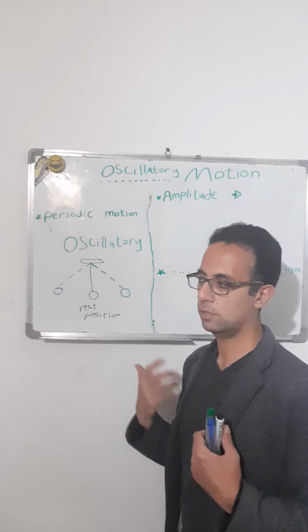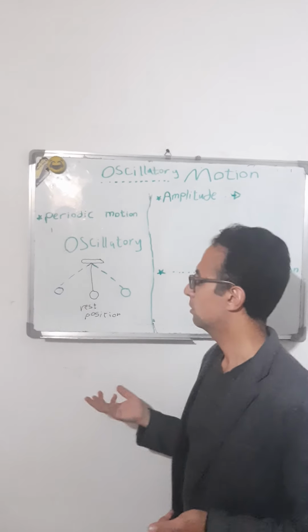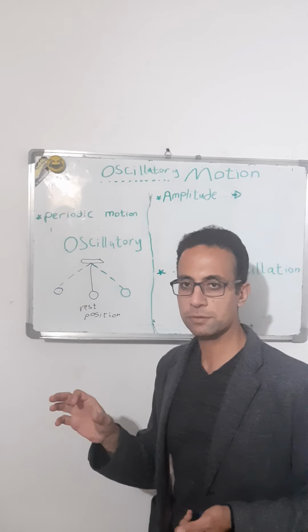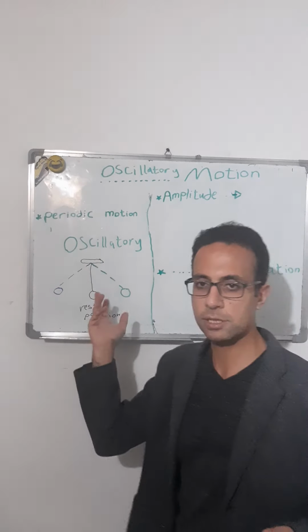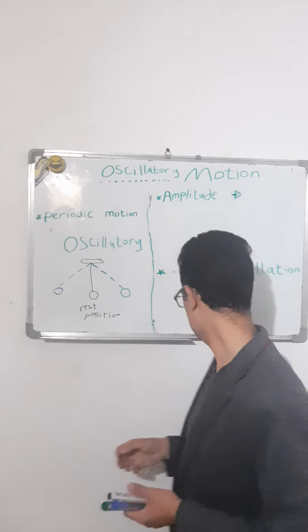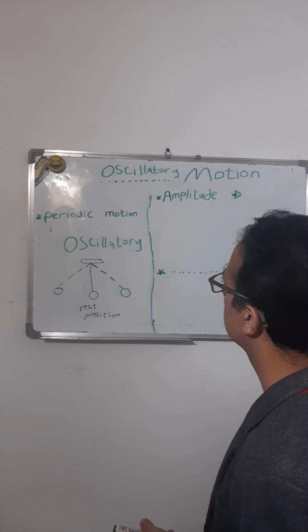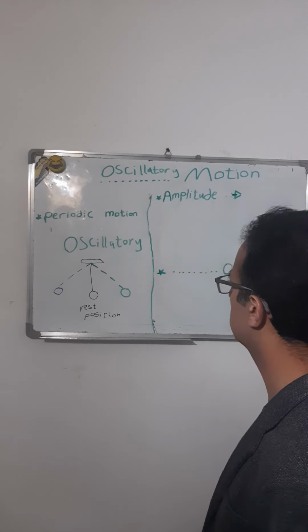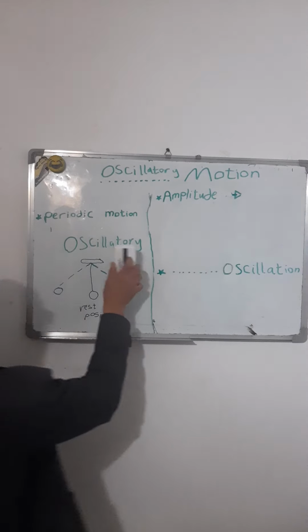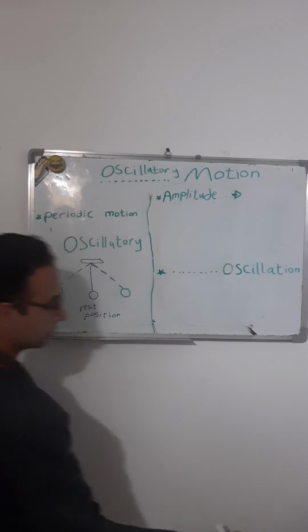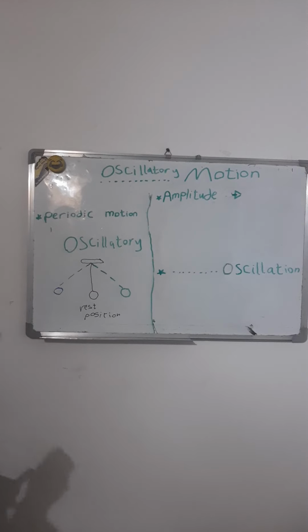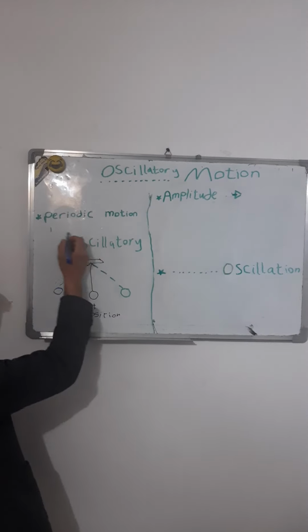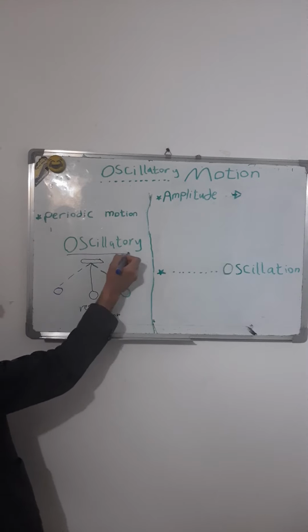This is better because now we can define it. Even if we don't know the actual words of the definition, we can imagine what oscillatory motion is. From the name, it's a motion. Yes. Okay, let's write it. It's motion. Oscillatory motion.